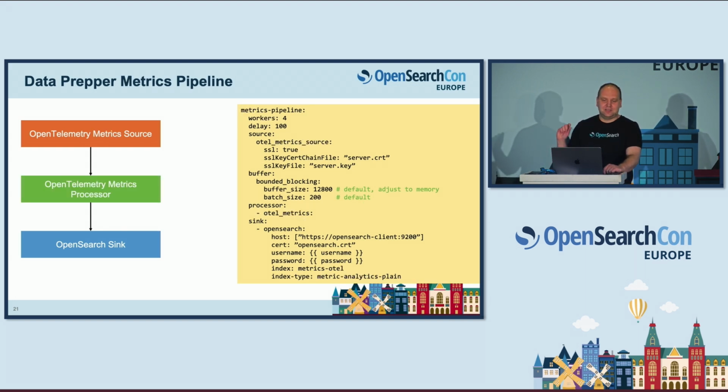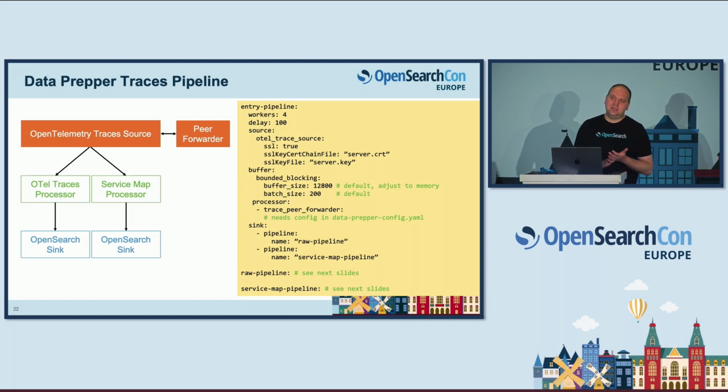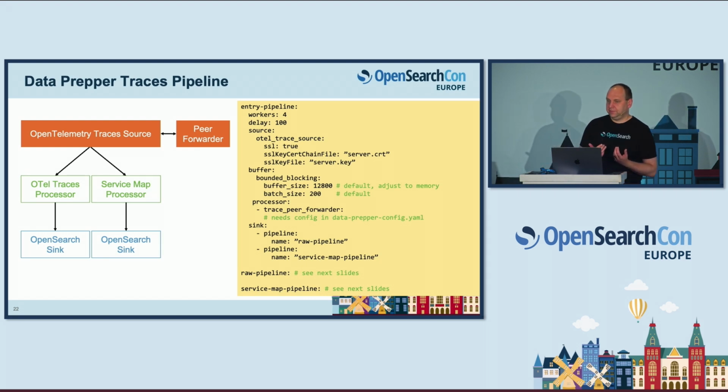Good. Metrics is pretty similar. You will note there's a tiny difference where there is the processor called OTelemetry inside. And finally, for the traces, it's a little bit more complicated. So there's the top part, that is what is usually called an entry pipeline, where we just configure the trace source, and then there's something that is called peer forwarder.